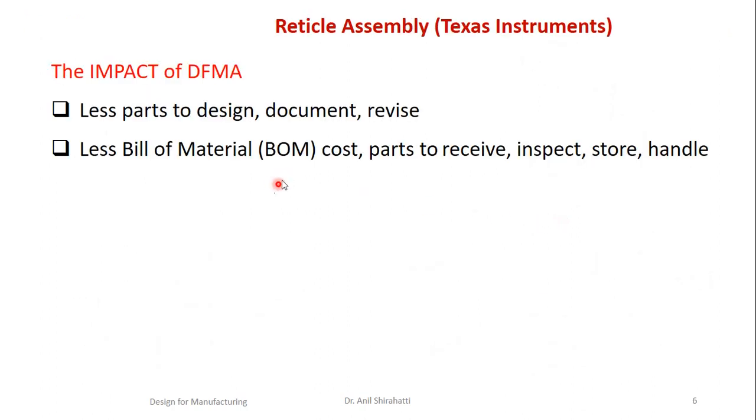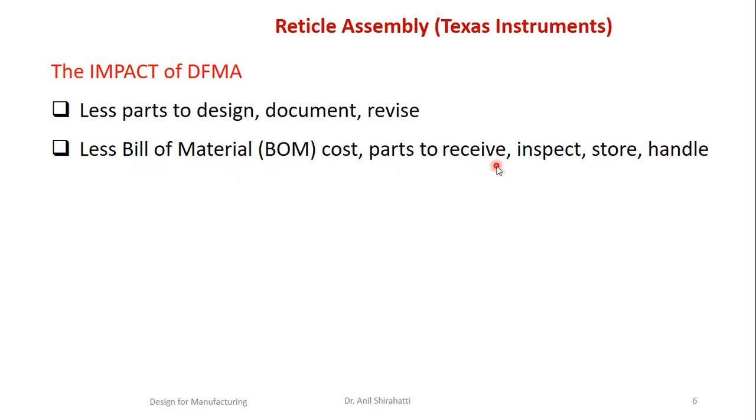So what happened because of this impact of DFA? Let's see: past to be designed, documented, revised. Okay, so what happens is the design cost is reduced, documentation to maintain so many parts is reduced, and any revision has to be done for only a few parts as the number of parts reduces. Also less bill of material cost.